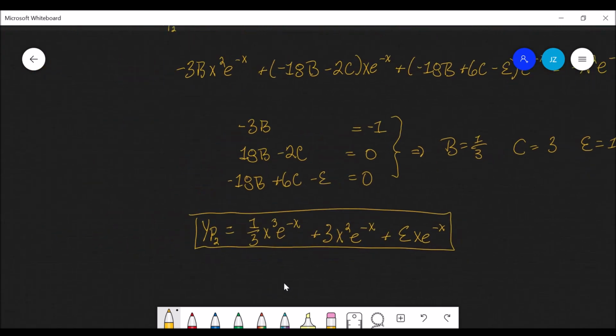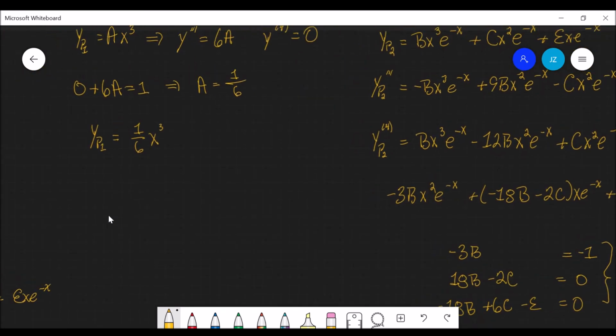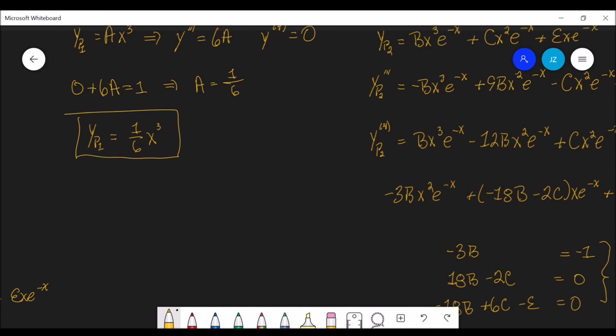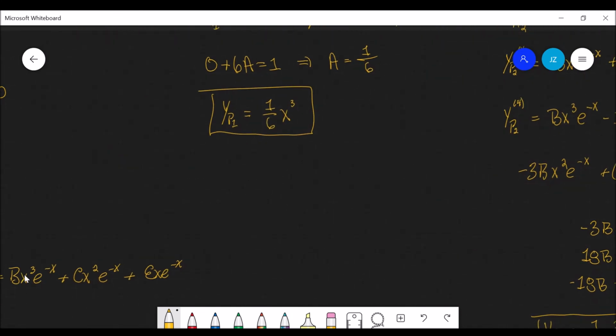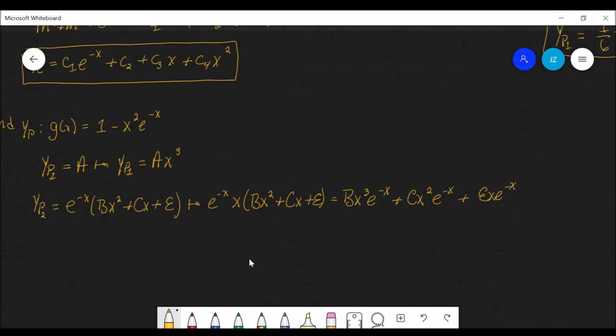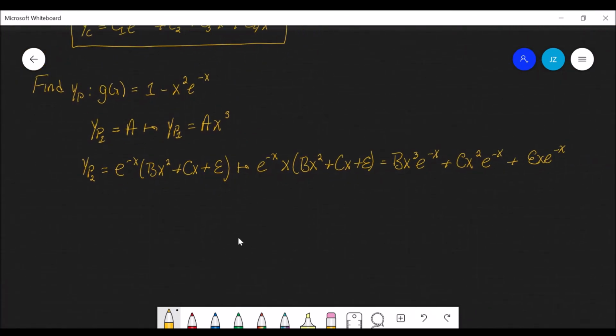Adding these together, this one and that, we get our final particular solution to be a sixth x cubed plus a third x cubed e to the minus x plus 3x squared e to the minus x plus 12x e to the minus x.